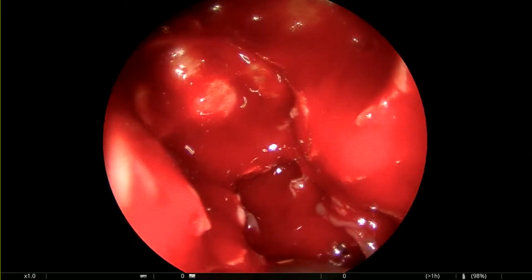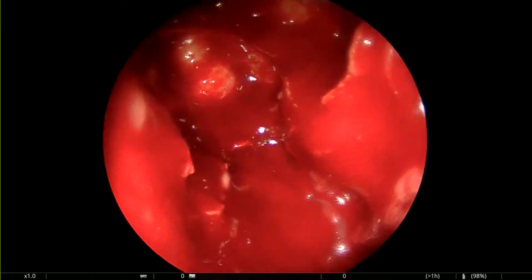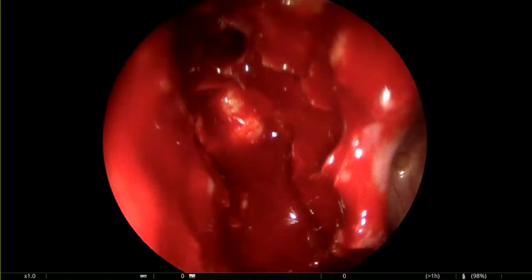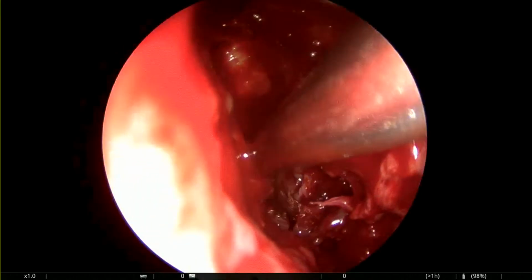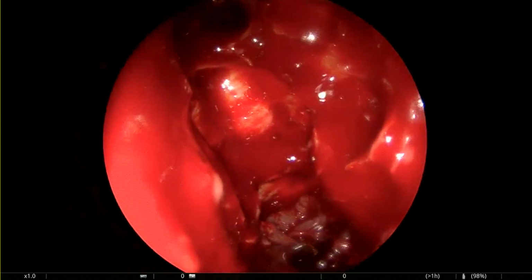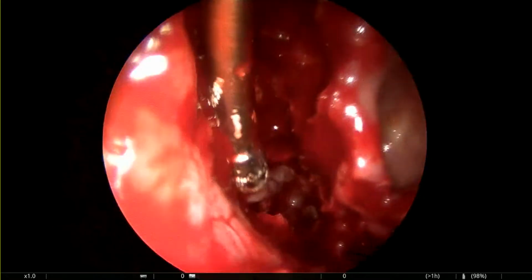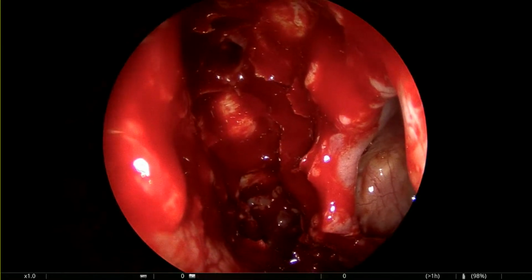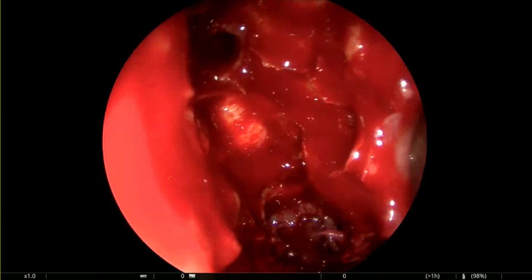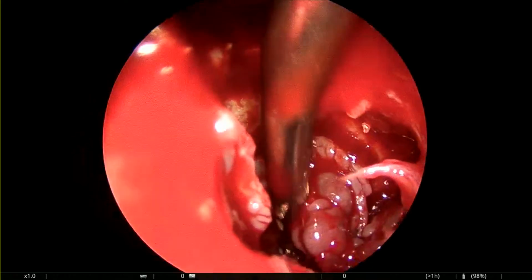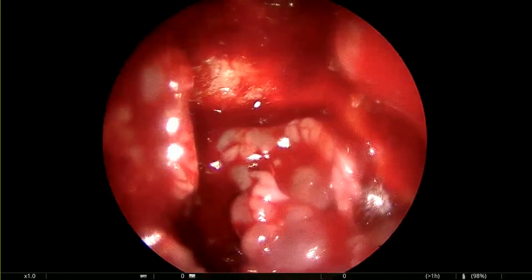Oh, the sphenoid mucosa is particular, so it's a reason why I take some piece. Okay. So we have lateral expansion here, but it's now empty. Okay. You have a lateral expansion here, and the deepness is here. Okay. So cool. It's correct.